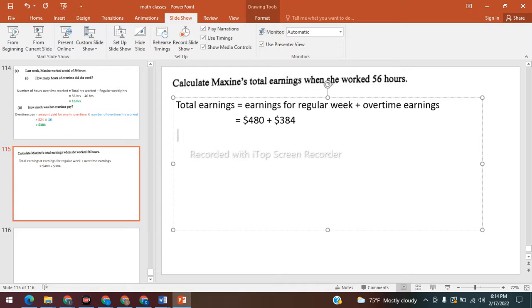So what is the weekly rate? Let's see how much she makes. 384 plus 480. 864. It is 864. So she made 864.